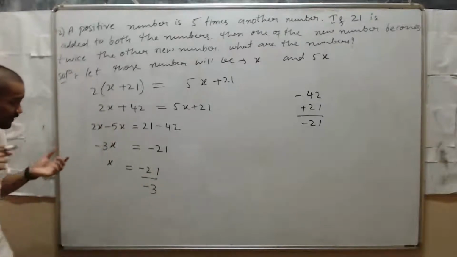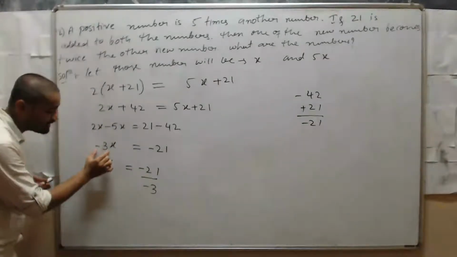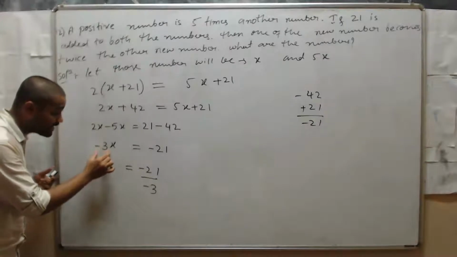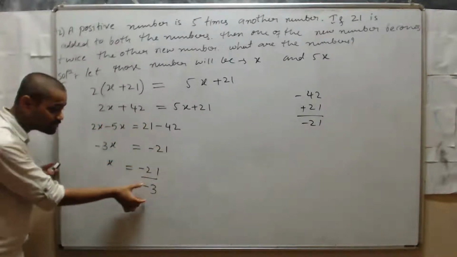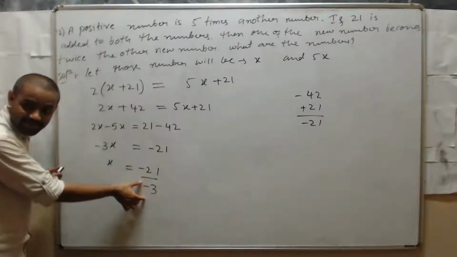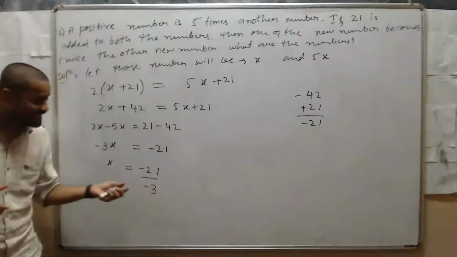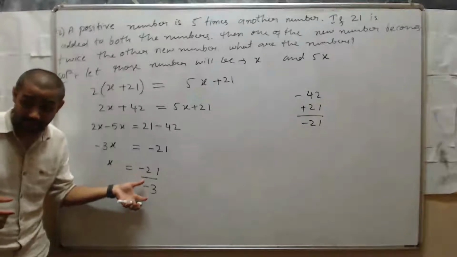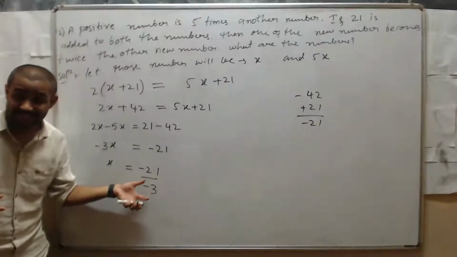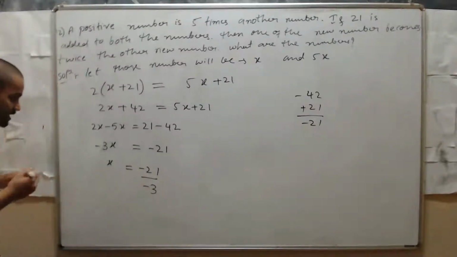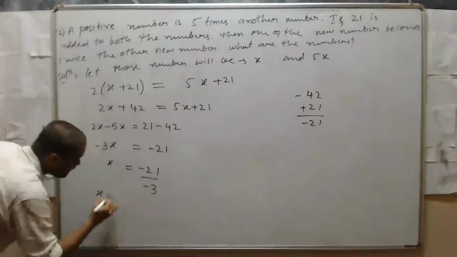Is it clear, students? What I did exactly: here 3 is in a product, and when transposed to here it becomes what? Division. While multiplying or dividing, there is no change in sign. Now subtract this. What is the value of x?